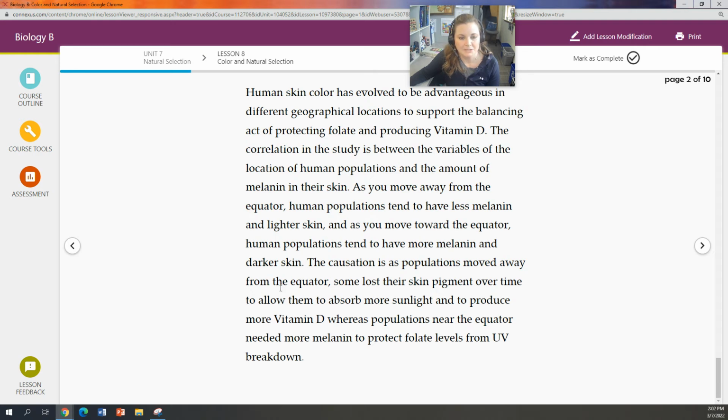And as populations migrated to the equator, they needed to protect themselves from too much UV radiation so that there's enough folate in the blood. And to do that, more melanin production is favorable. So again, these two different phenotypes provide that selection pressure. One of them is more of an advantage than the other in those specific situations.